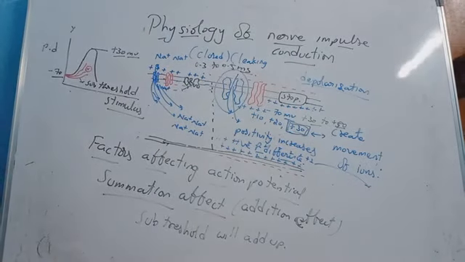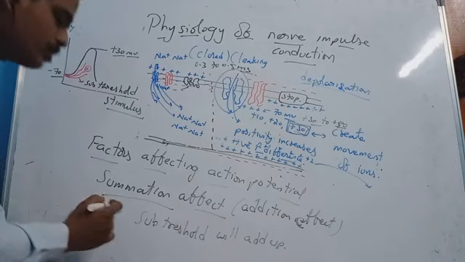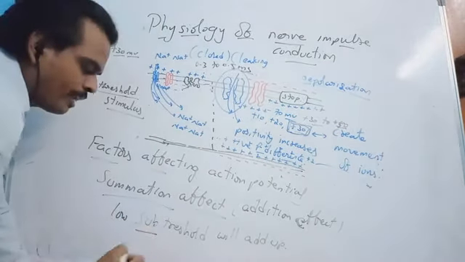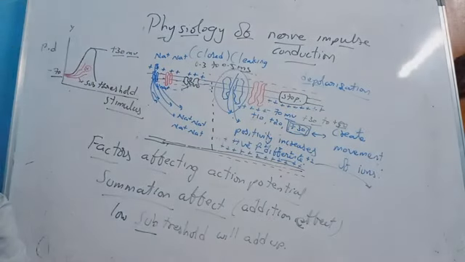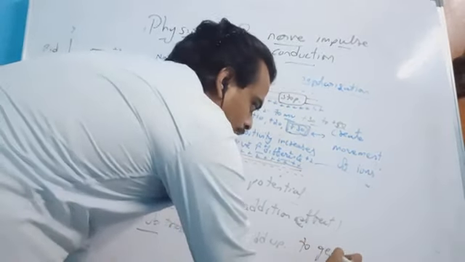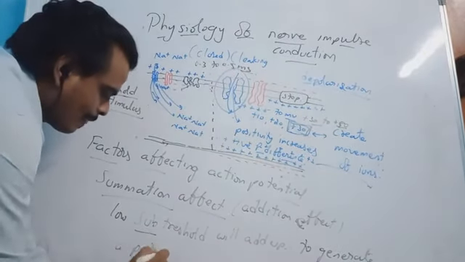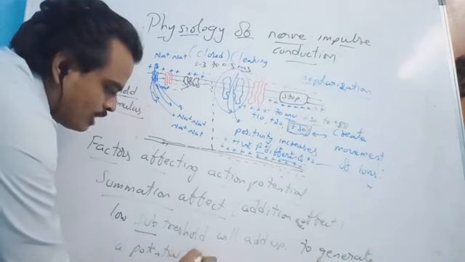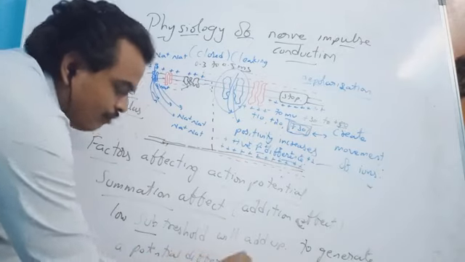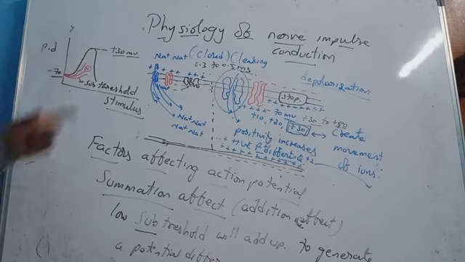If you have continuous low threshold stimuli, they can all add up to generate a potential difference which can reach the action potential, the threshold level.